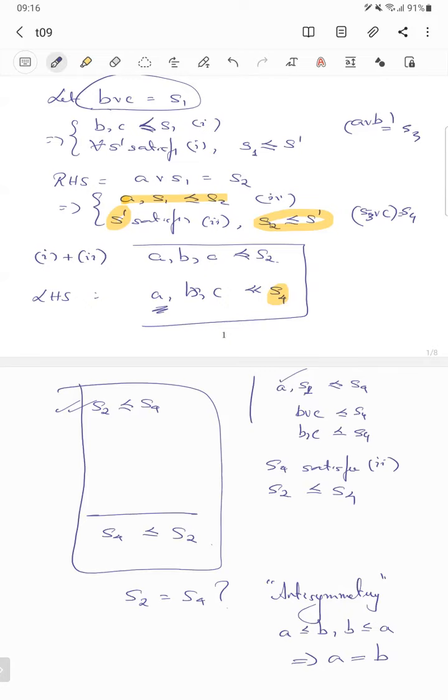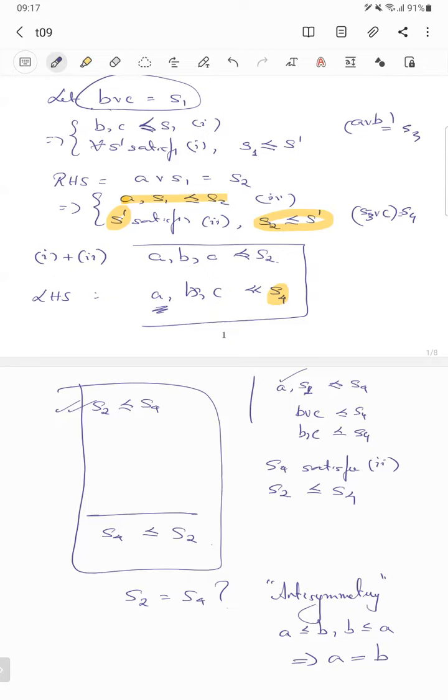Right. So the earlier thought was that the uniqueness property follows. From B and C we got a unique point, and from there we got another unique point S2, and in the other case we got S4. Just because they are unique, the conditions we got for LHS and RHS are equal.